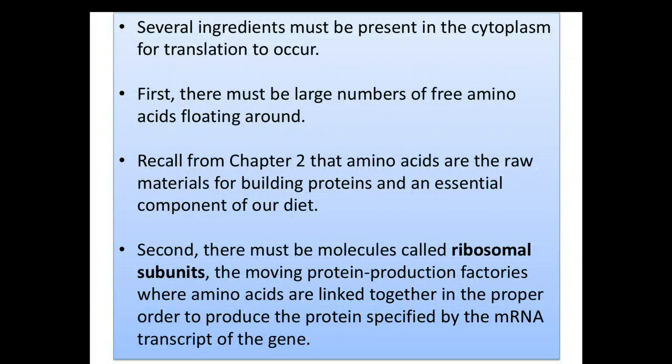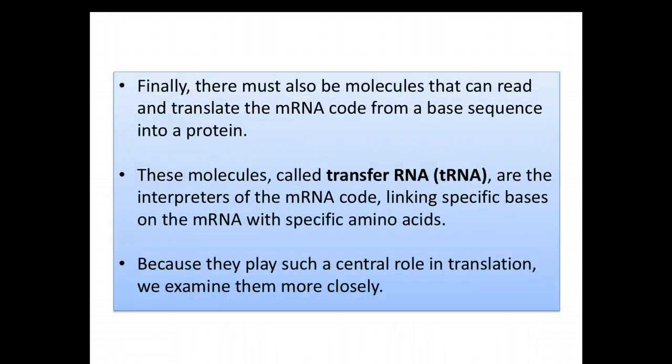So, several ingredients to recap. First, there must be a large number of free amino acids. The amino acids are the raw materials for building proteins, an essential component of our diet. Second, there must be molecules called ribosomal subunits, the moving protein production factories where amino acids are linked together in the proper order to produce the protein specified by the messenger RNA transcript of the gene.